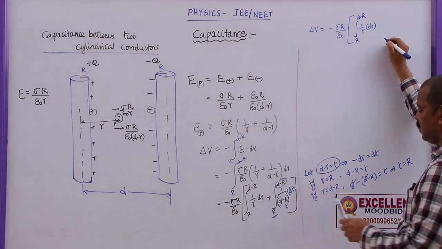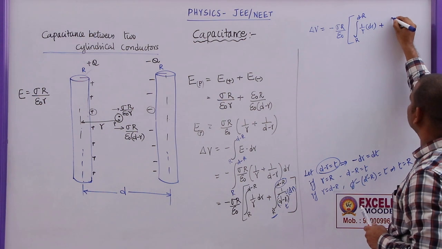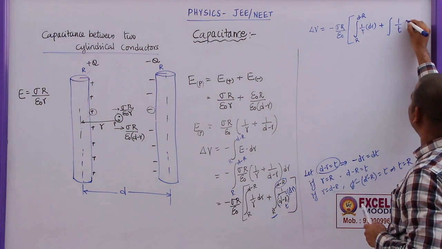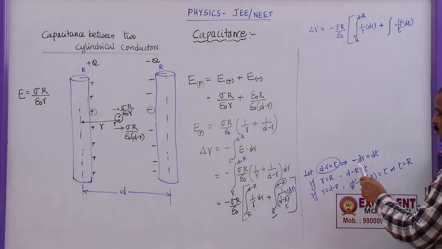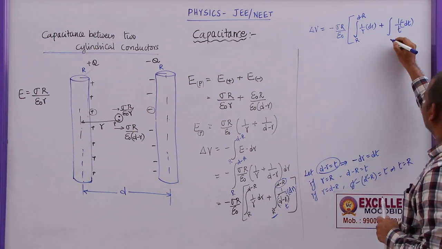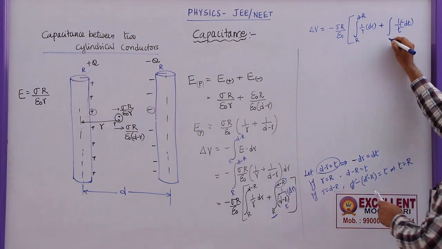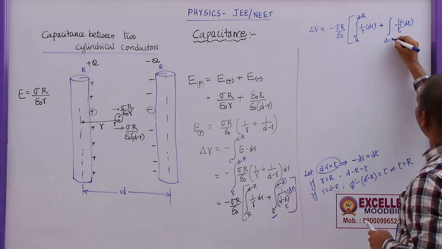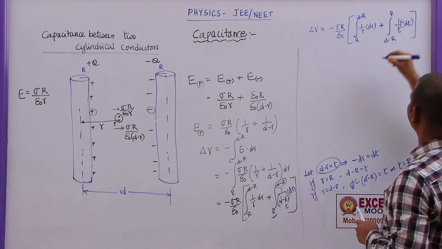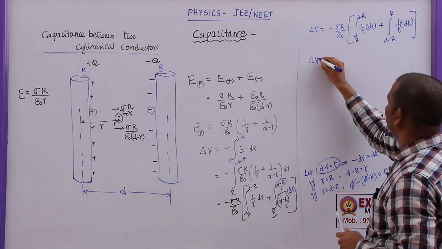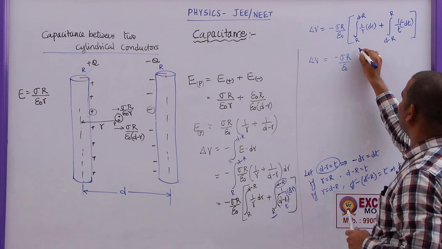So, what are the limits now? As I am changing d minus r into t, I need to write this as integral of 1 by t times minus dt, because dr becomes minus dt. In place of this, I am writing t as d minus r, so the lower limit will be d minus R, and the upper limit will be R. So, delta V equals minus sigma R by epsilon naught.